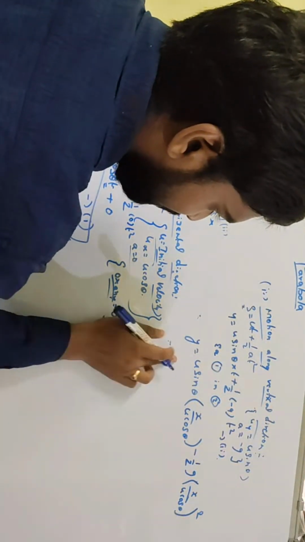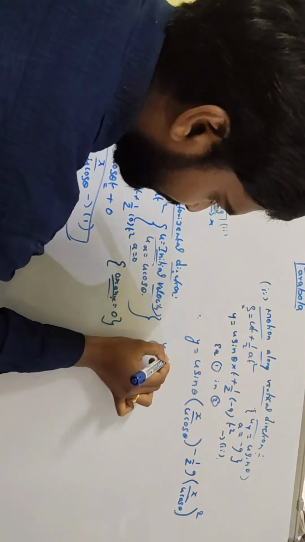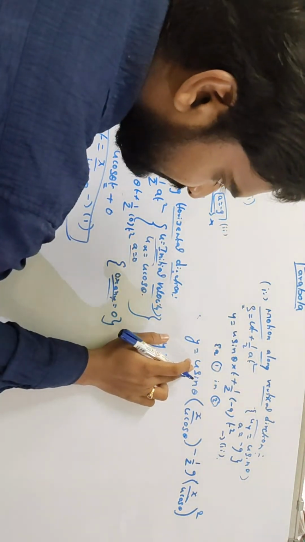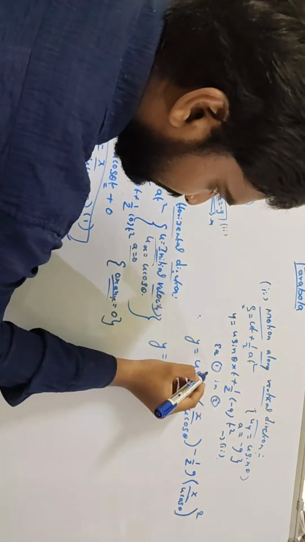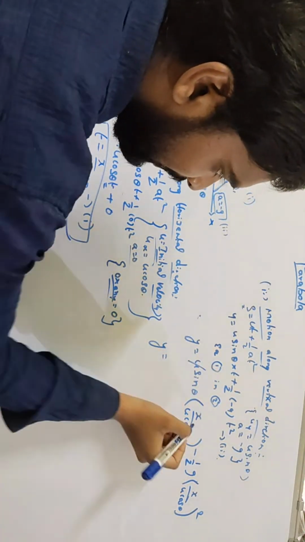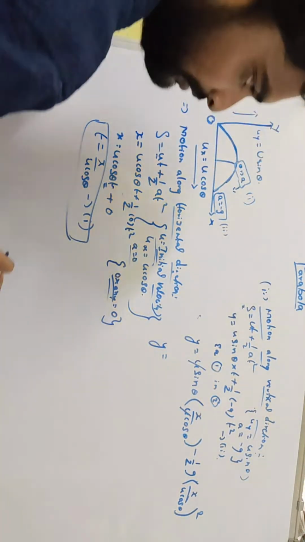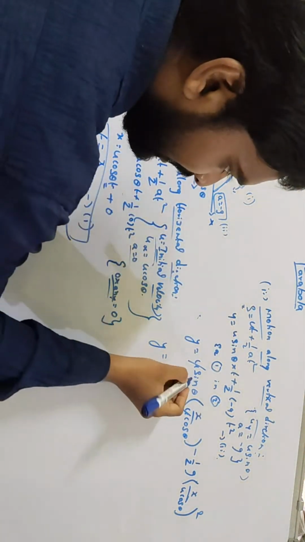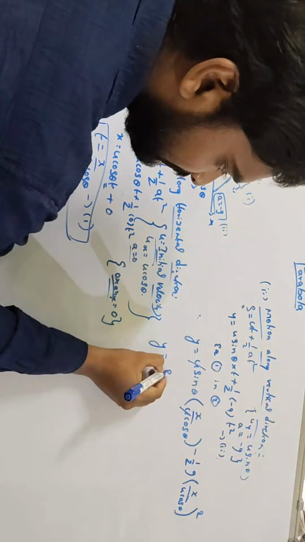So now y is equal to, what value do we get here? Clearly u sin theta, in the numerator we have u, and in the denominator we also have u. So numerator and denominator are the same, so that will be cancelled. And what is the remaining expression we have here?